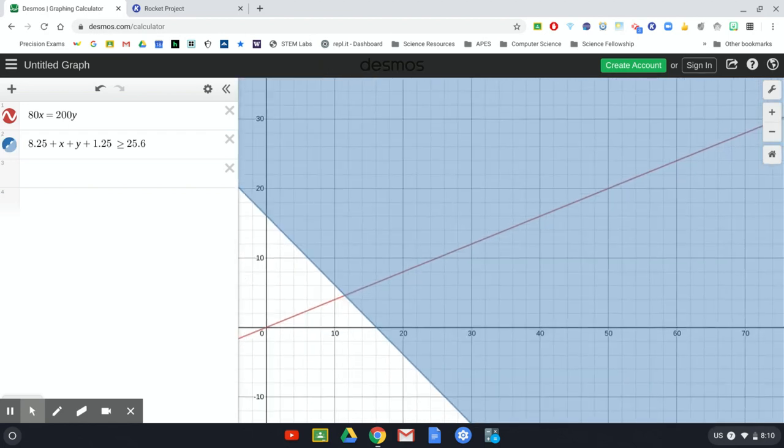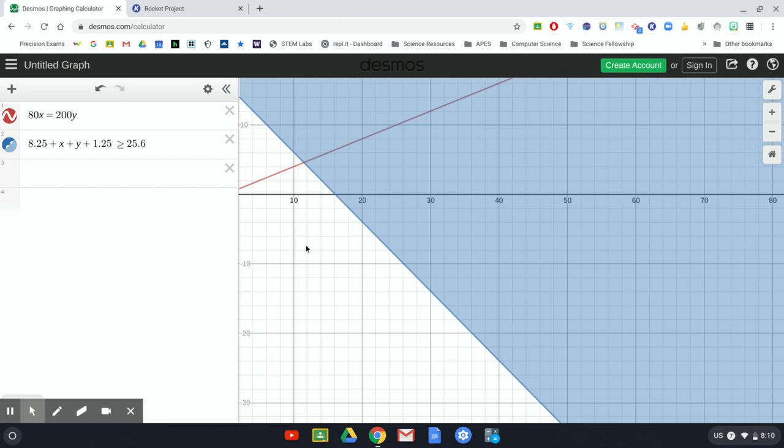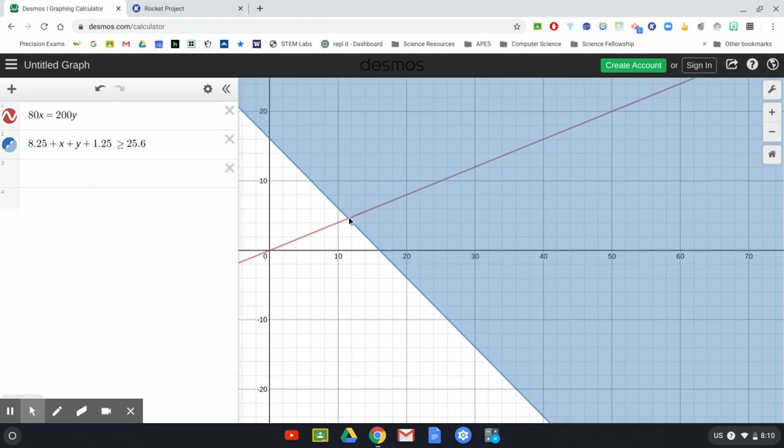So what that means is, in order to meet both conditions, having the center of gravity in the right place and having the minimum condition of the length of the rocket being 25.6, I have to be both on the red line here and in this shaded portion of everything that's over the 25.6.